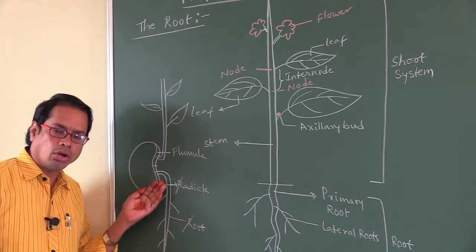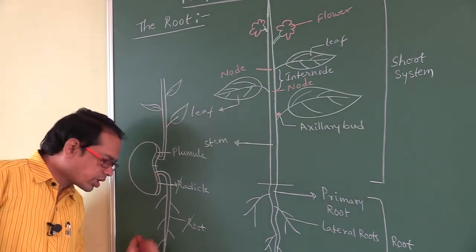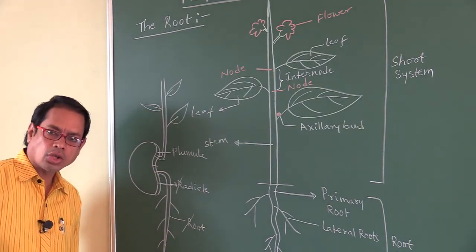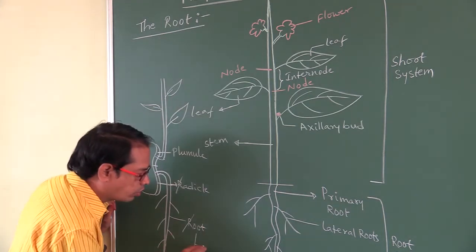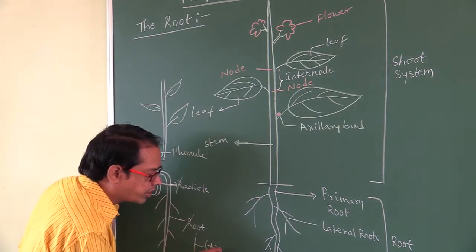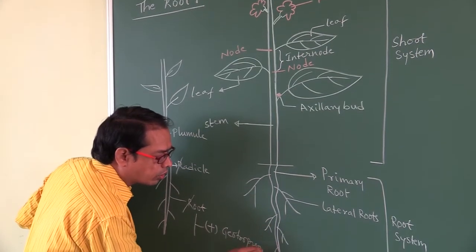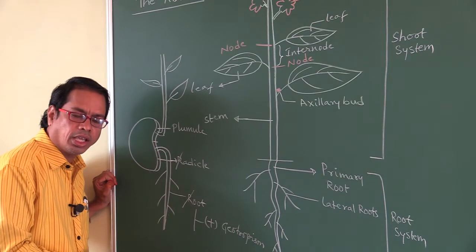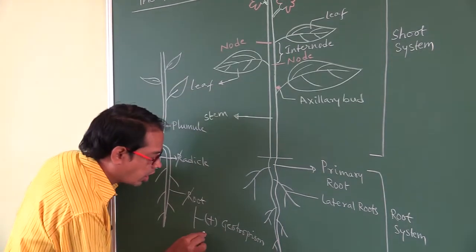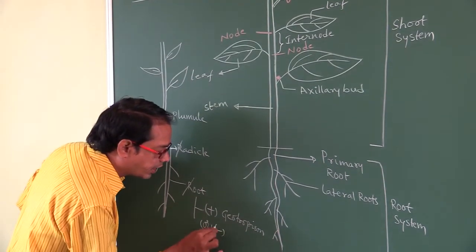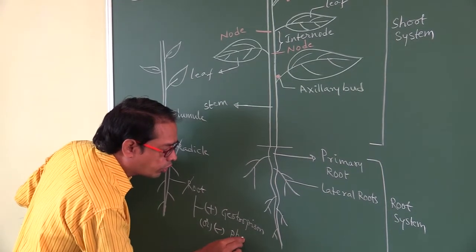Root generally grows toward the soil. So that means root is positively geotropic or negatively phototropic.